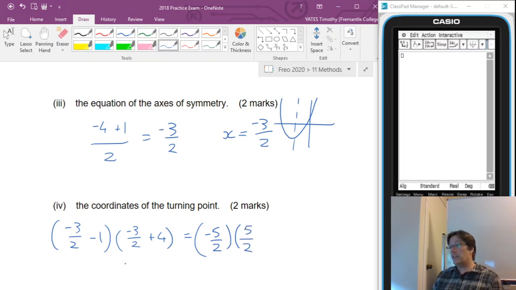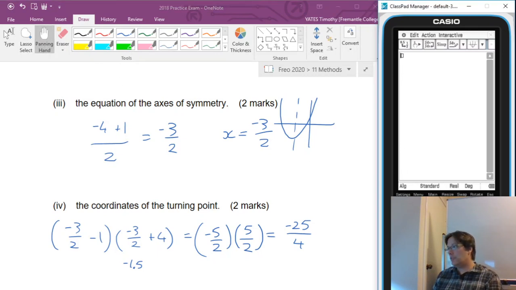Feel free to convert these into decimals if it'll make it easier. Negative 1.5 plus 4 is going to be 2.5. And then it's going to be 2.5 times 2.5, or 2.5 times negative 2.5 rather. Or if we do it in fractions, we'd end up with negative 25 over 4. But this is why sometimes it's good to do it in fractions, because it makes it easier to work this out.